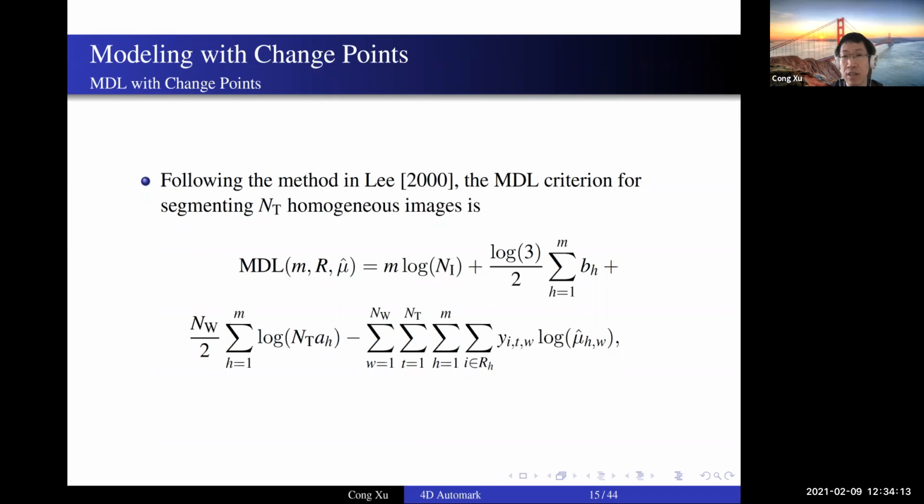The way we encode it is that we start with a point on the boundary and go through the whole perimeter, clockwise or counterclockwise. Then we need to encode these steps. For each step, you go up or down, left or right. So we need this to encode the whole boundary for a region, right?